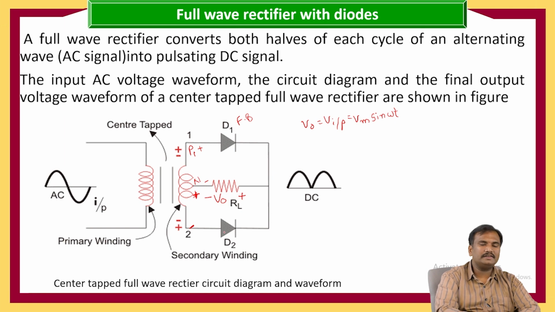So the negative is connected to the anode of the diode D2, and when the negative is connected to the anode, D2 is reverse biased. So this diode D2 will not conduct during the period 0 to pi.